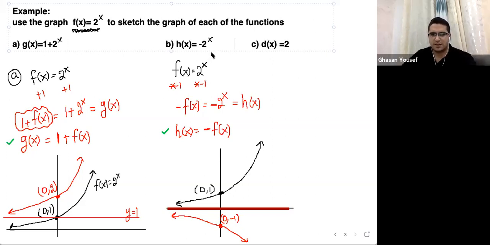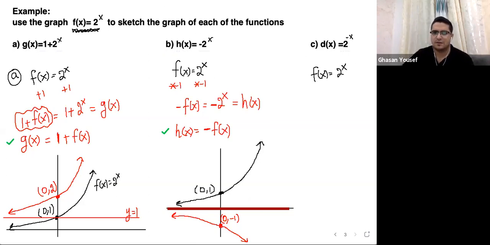Okay, let's do the last one, 2 to the power minus x. Here's minus x. What should we do? So my original function is f of x equal 2 to the power x.